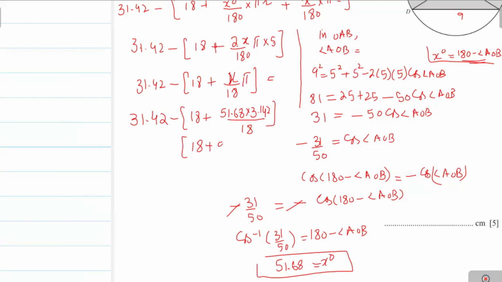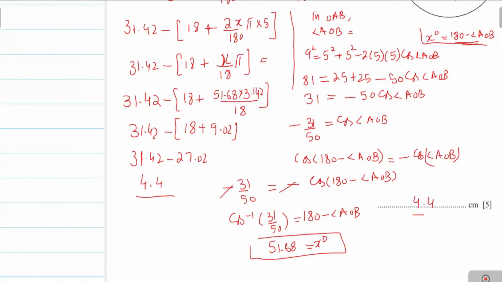This value equals 9.02, so 18 plus 9.02 is 27.02, and this will be equal to 31.42 minus 27.02, which equals 4.4 centimeters. That is the answer.